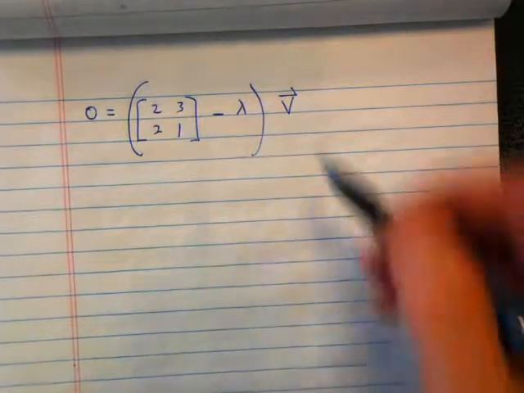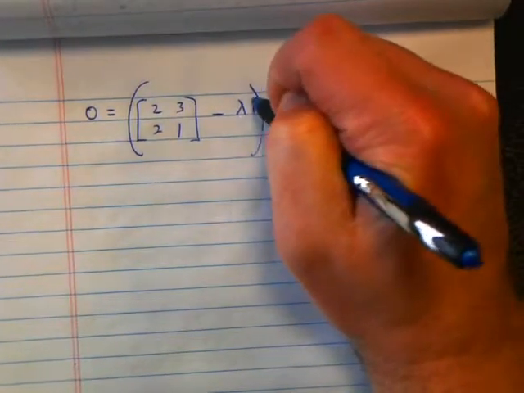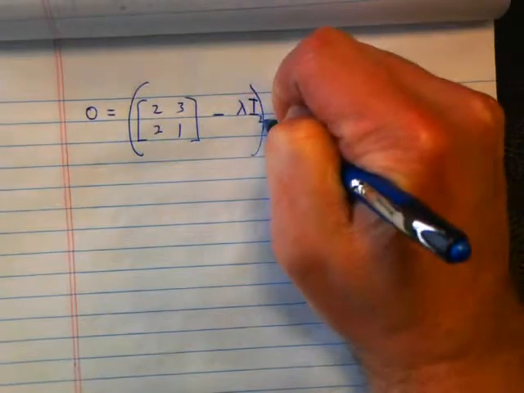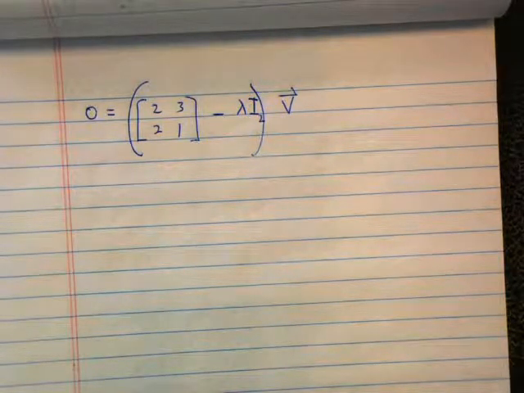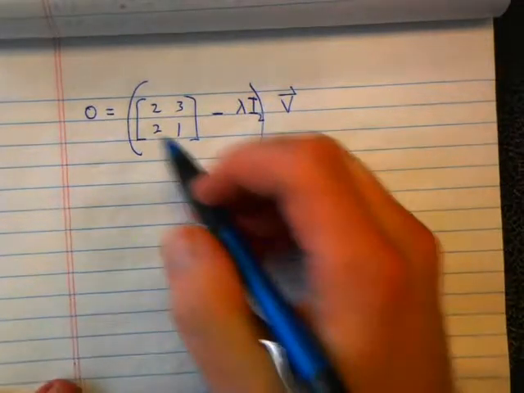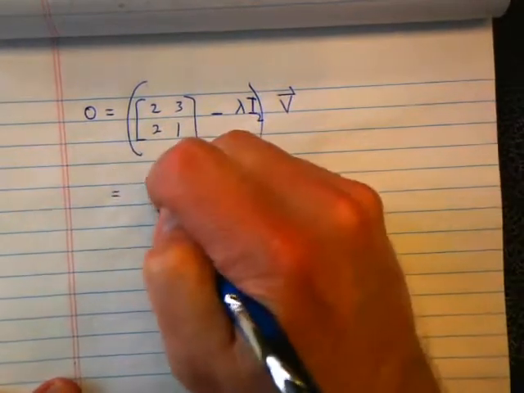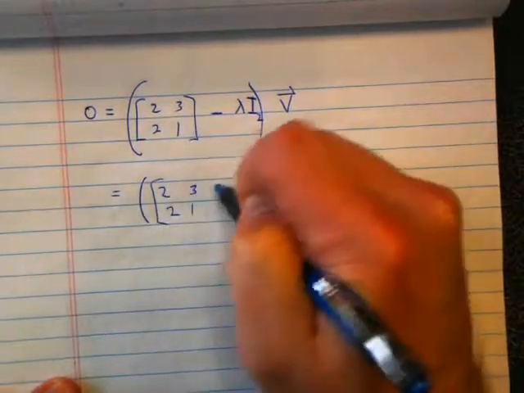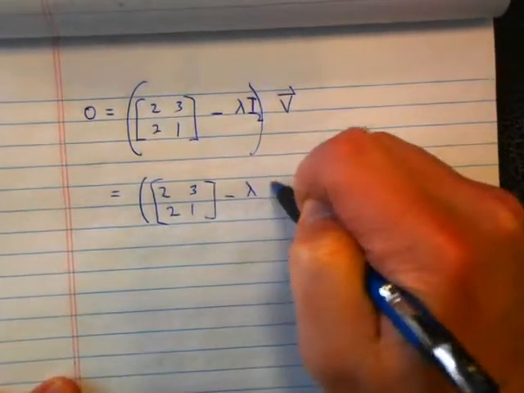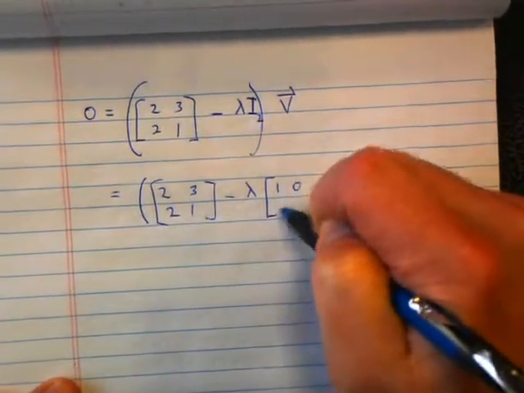What we have is lambda times what's known as the 2 by 2 identity matrix. What's the 2 by 2 identity matrix? It's [1, 0; 0, 1]. So what we have is [2, 3; 2, 1] minus lambda times [1, 0; 0, 1].